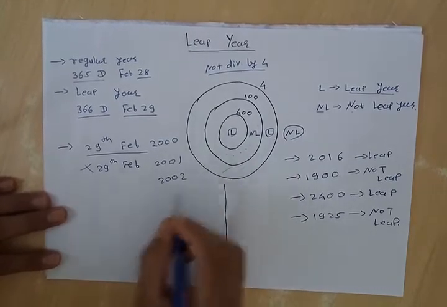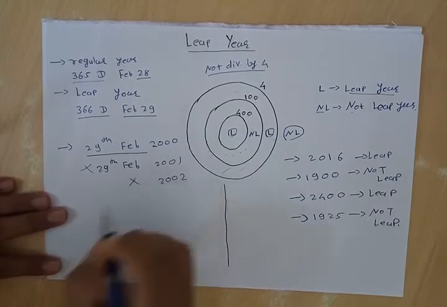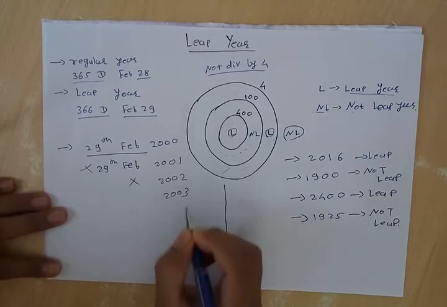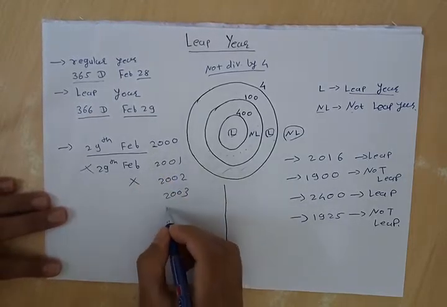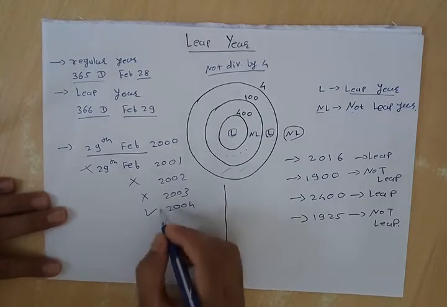In 2002, this year is also not a leap year, so in 2002 he will not celebrate his birthday. Same for 2003, and now in 2004 he can celebrate his birthday.